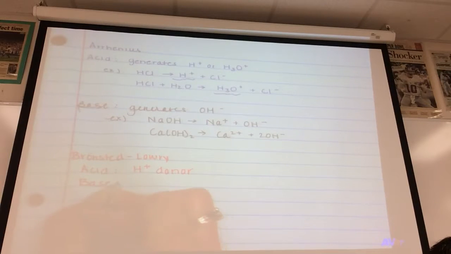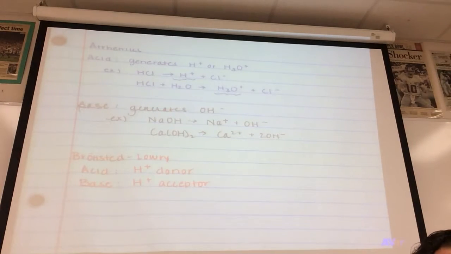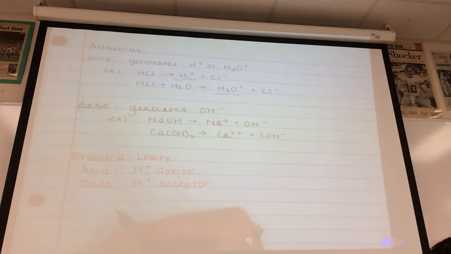And the base is a proton acceptor. So for example, if you had this substance reacting with ammonia, the acid is a proton donor. It will donate its proton to the base.